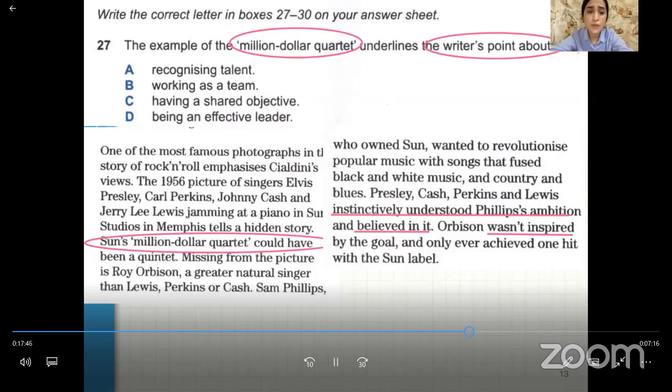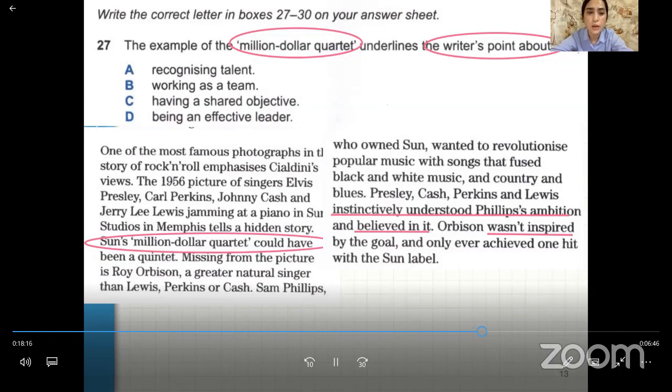One of the most famous photographs in the story of rock and roll emphasizes Cialdini's views. The 1956 picture of singers Elvis Presley, Carl Perkins, Johnny Cash, and Jerry Lee jamming at a piano in Sun Studios at Memphis tells the hidden story. What is the story? So Sun's $1 million quartet could have been acquainted. Missing from the picture, Roy Orbison, a greater natural singer than Lewis, Perkins, or Cash.